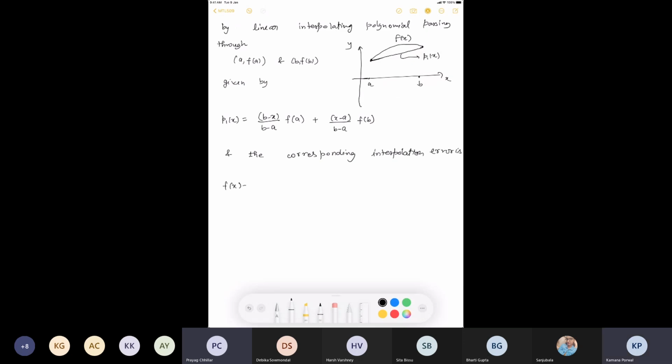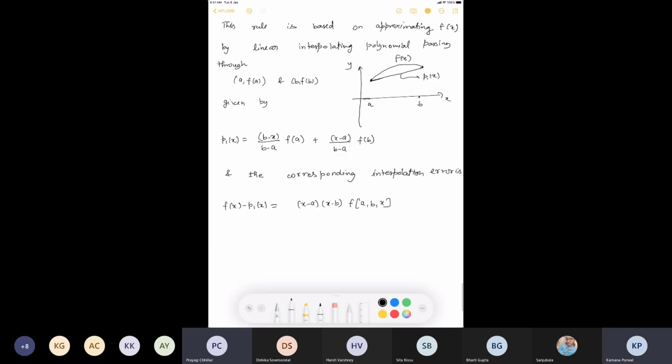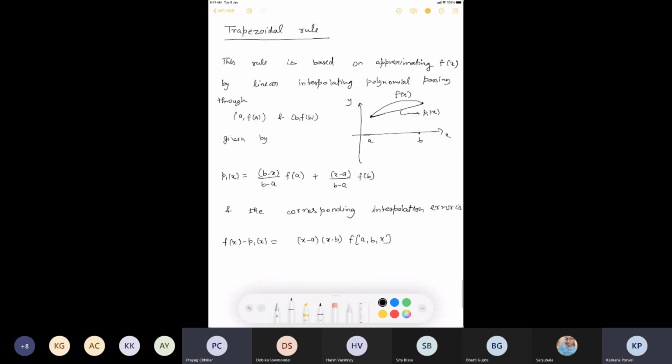And we also have the corresponding interpolation error, which is f(x) minus p1(x), and it is given by (x minus a)(x minus b). Let's write it in the form of divided differences, so I will have the divided difference of f with the arguments a, b, and x. Let's give it an equation number.